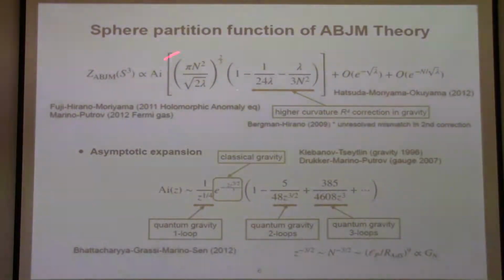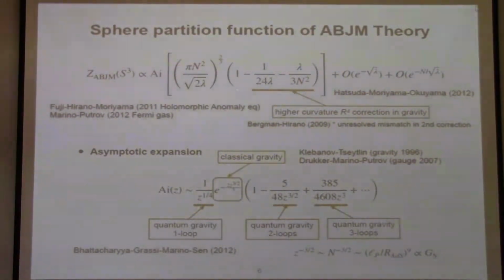Expanding this Airy function, we have this asymptotic expansion. The exponential part is of course the classical gravity result, which agrees with classical gravity. Then there's this one loop part, which was also reproduced by these people in an honest supergravity calculation.